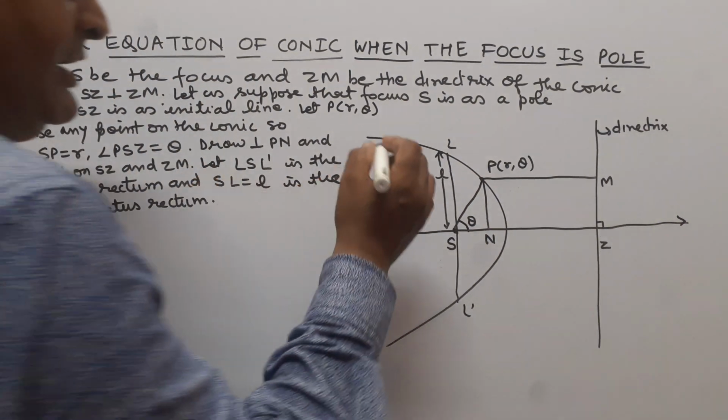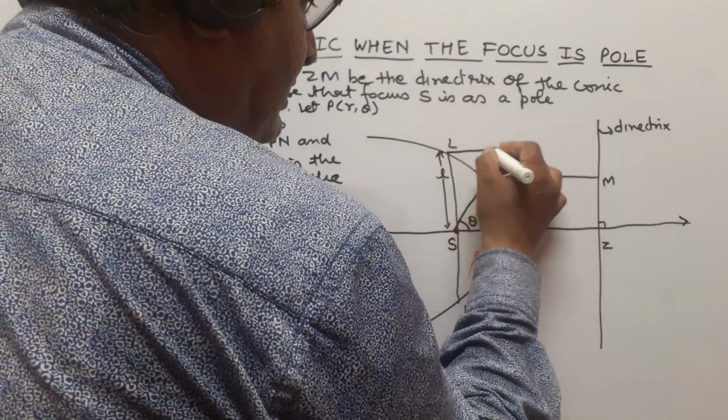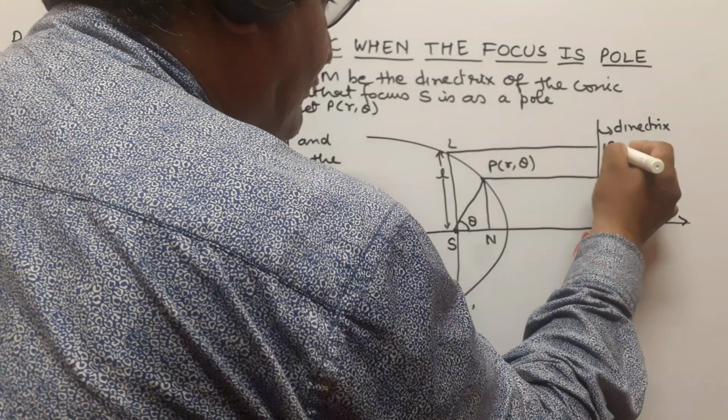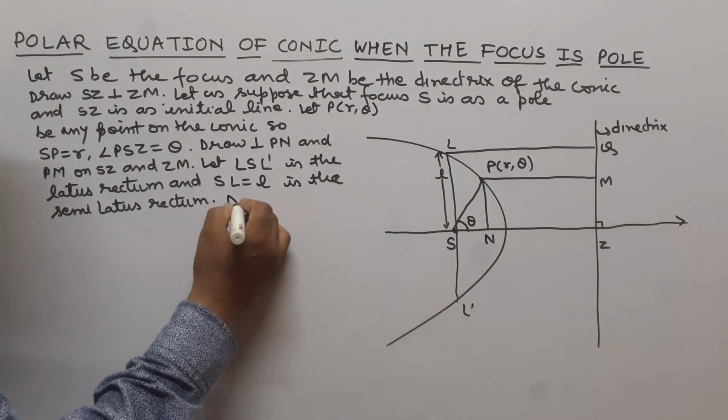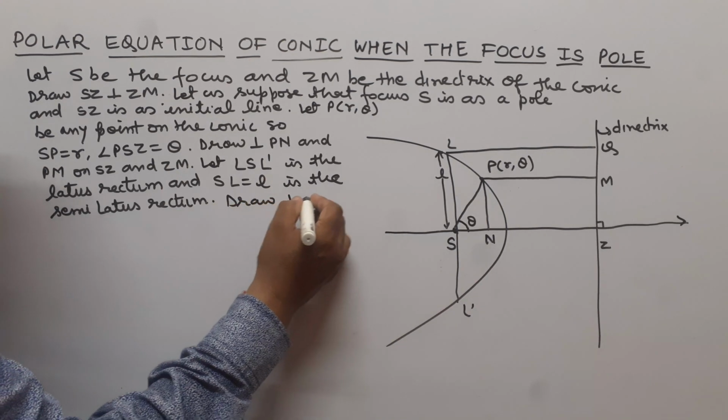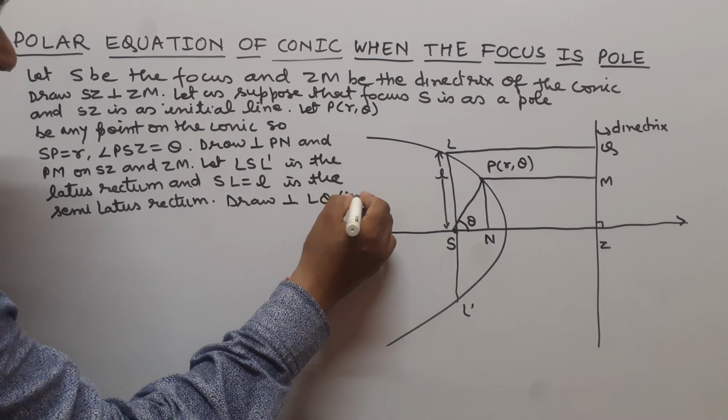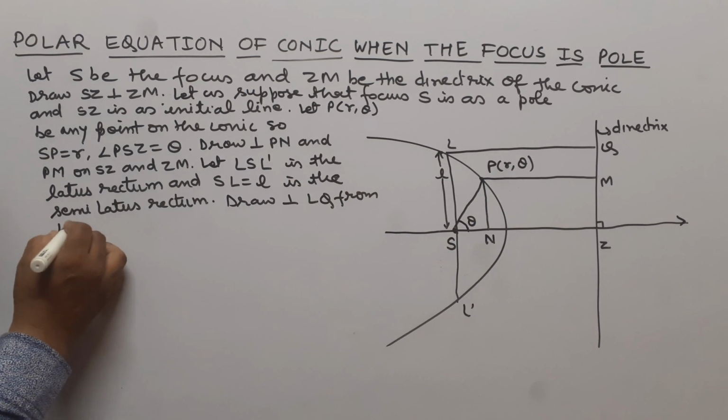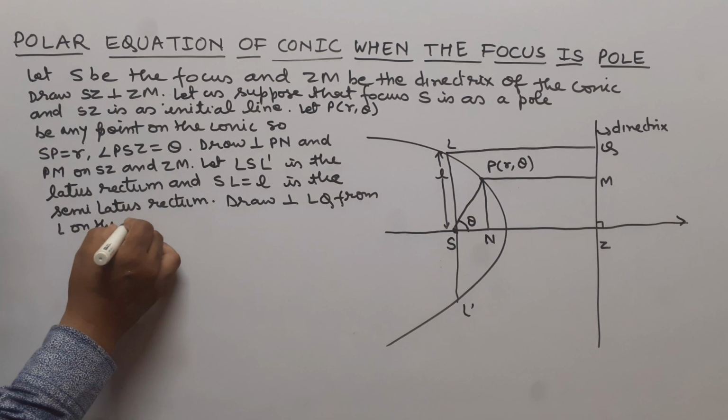Now we draw perpendicular LQ from L on the ZM.